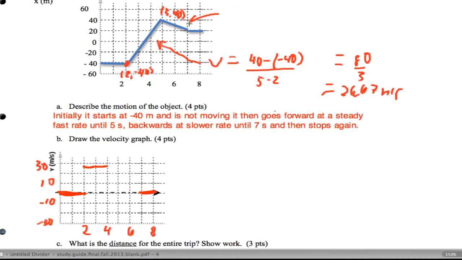Similarly, when we go here, our position stops changing at 7 seconds, and at 7 seconds, it's at 20 meters away from the origin. So what I'll label here is to get the slope.